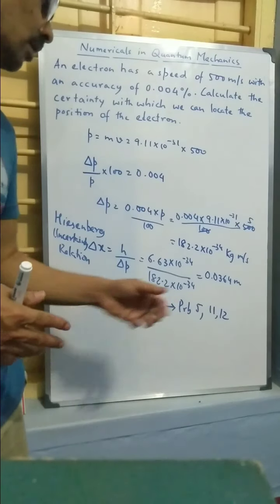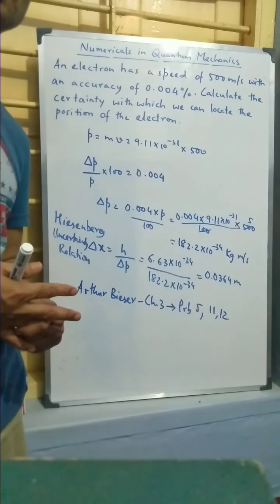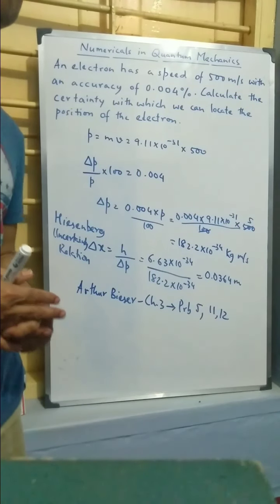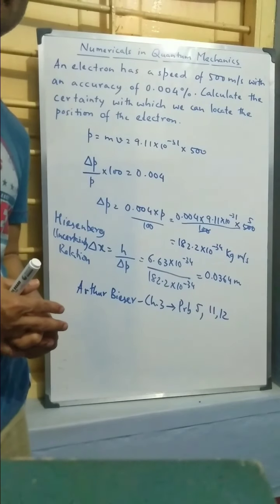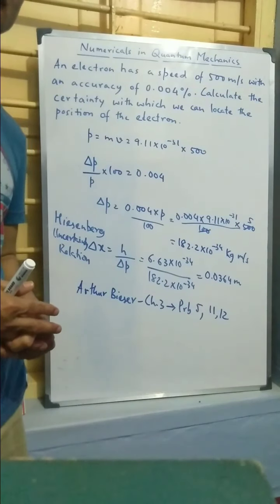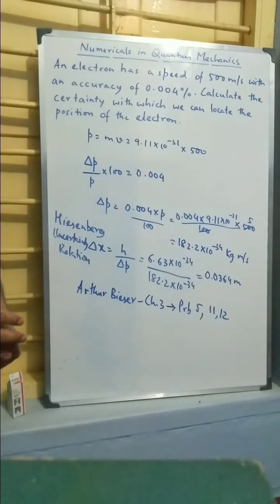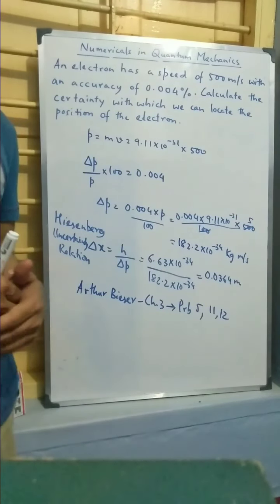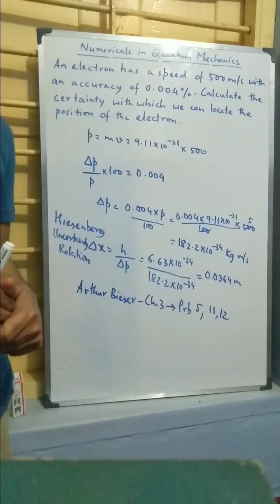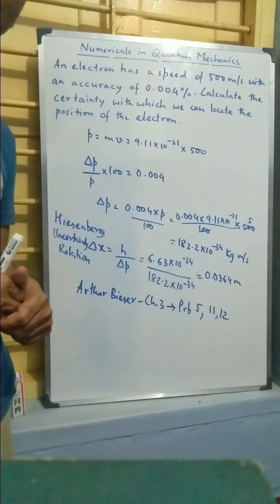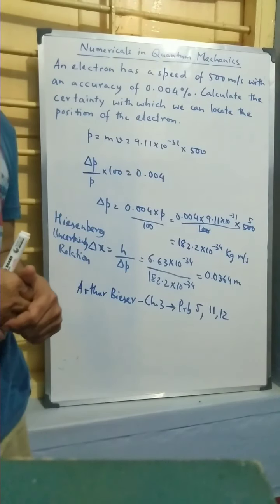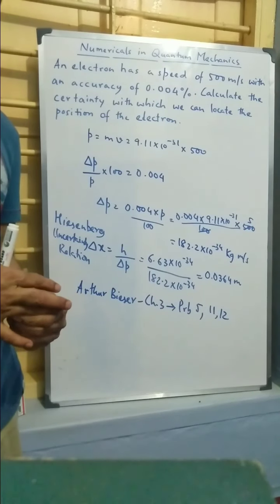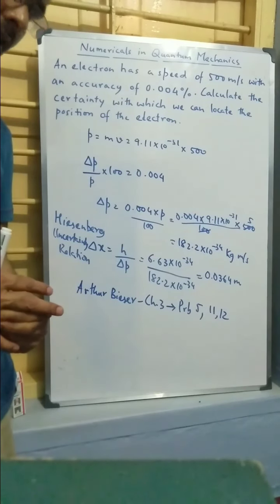The second problem deals with the fact that if the energy of the particle is much greater than its rest energy, then the wavelength associated with such particles is the same as that of the photon, because in such cases the energy exceeds the rest energy.